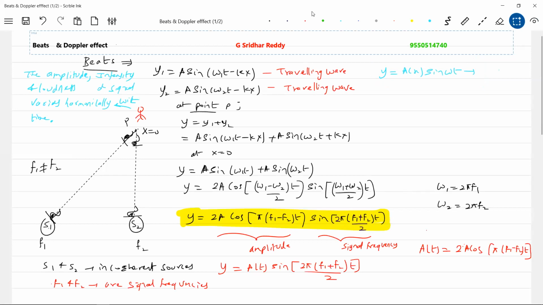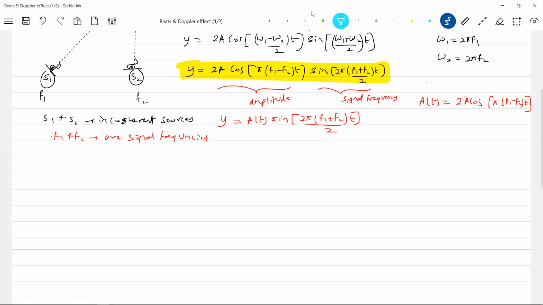When sound waves undergo superposition, I think I don't have space, I'll conclude here. Y is equal to A of x sine 2 pi ft. This is what? Standing wave. When do we get a standing wave?